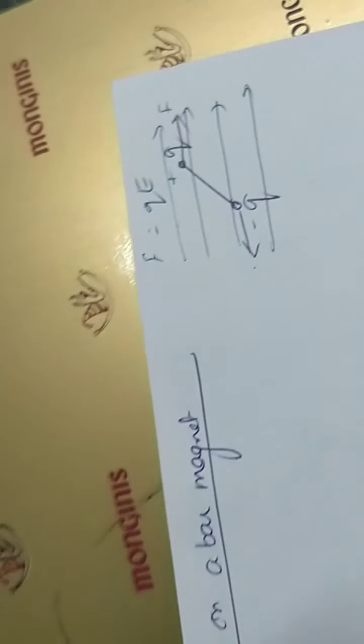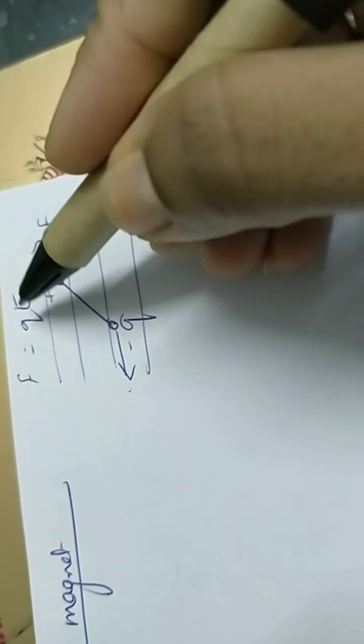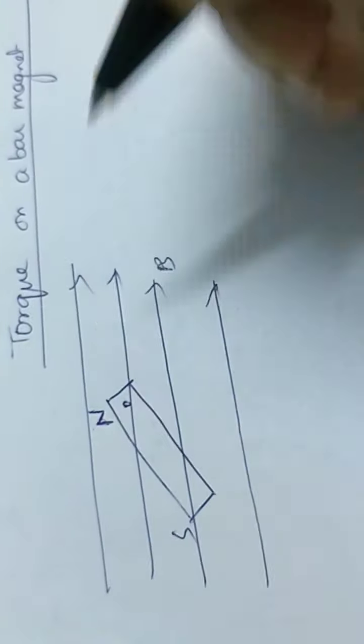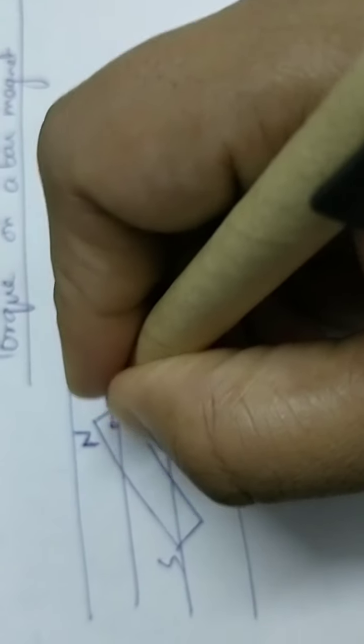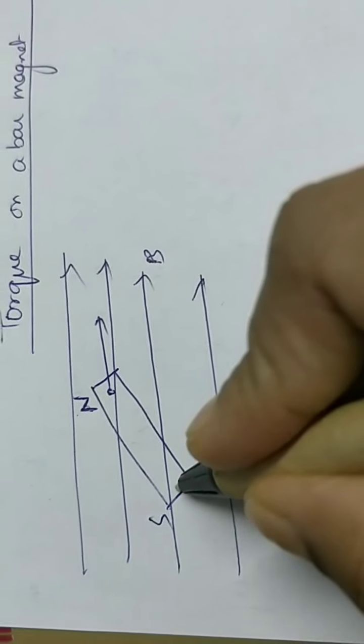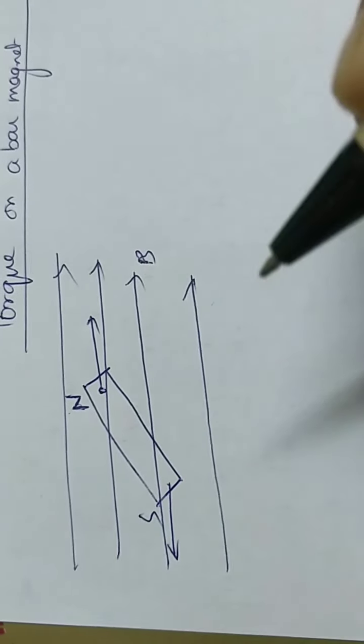Similarly, here in magnetism, force will be equal to mB. m is the magnetic pole strength, and B is the magnetic field. The force acting on the north pole is in the direction of the external magnetic field, and the one acting on the south pole is opposite to it.